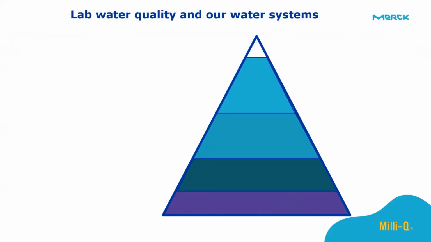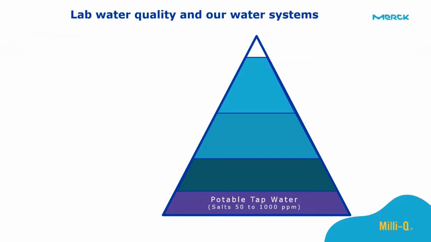Then when it comes to defining the water purity, whenever we are producing purified water, we are always starting with potable tap water. This is the raw material to produce purified water.